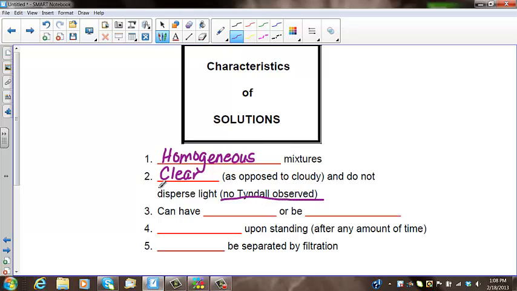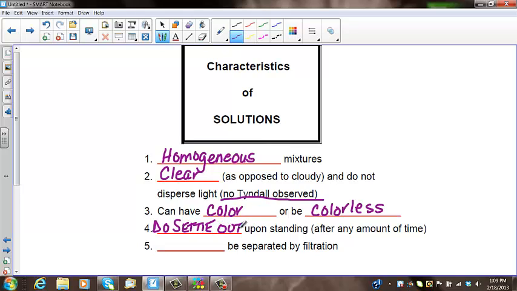And I'm going to review what that is in just a moment. They can have color, as I just said, or be colorless. And very importantly, they do not settle if left to stand, no matter how long the time is.